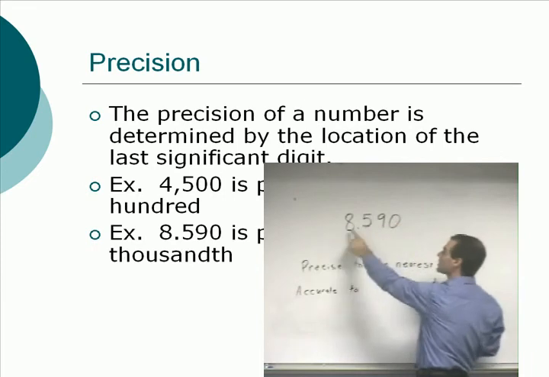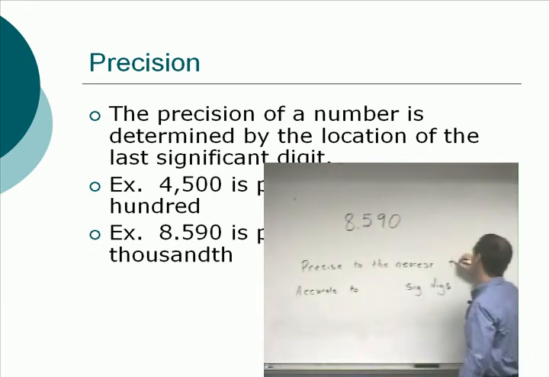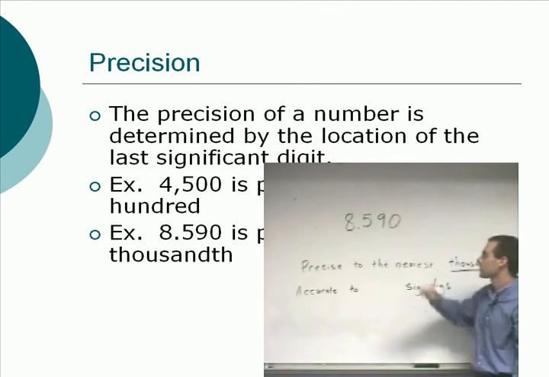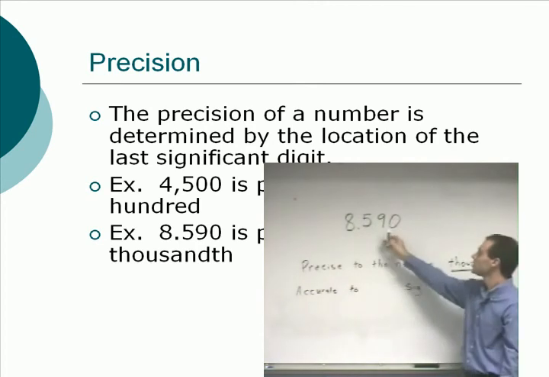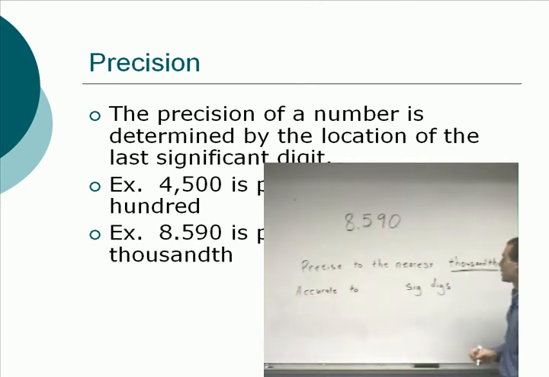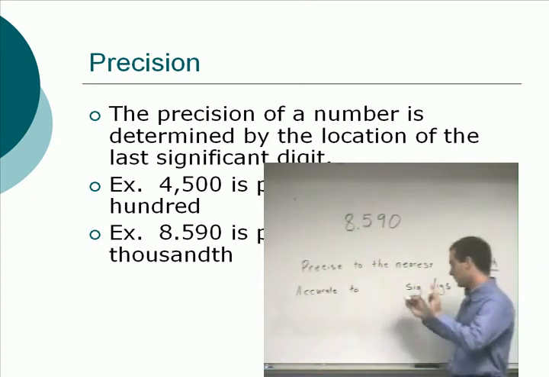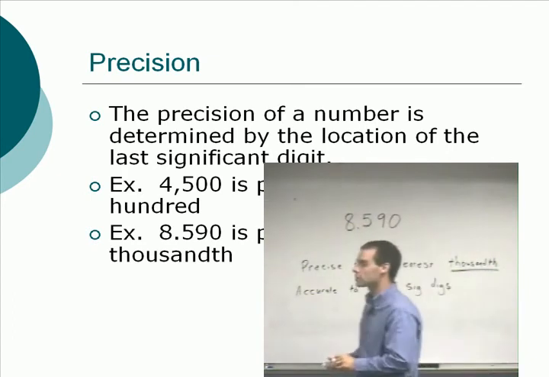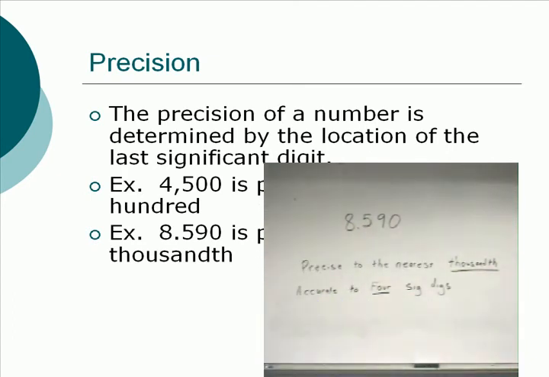Yes, it is. And so this is precise to the nearest thousandth. That's the location of the last significant digit. This tool measured to the nearest thousandth of a unit. And it is accurate to, how many significant digits do we have? 4. So it's accurate to 4 significant digits.